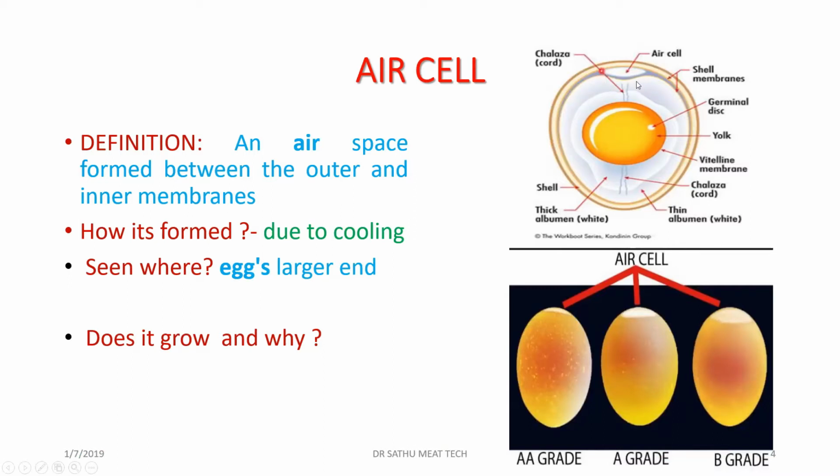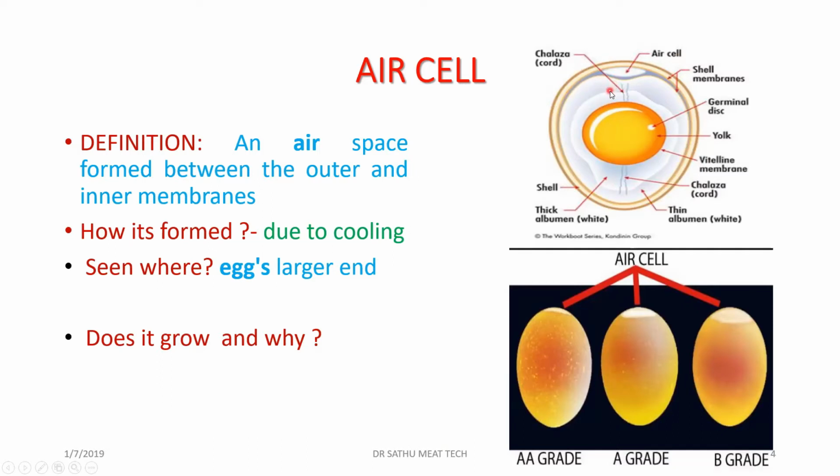So the inner shell membrane gets separated from the outer shell membrane and it forms what we call the air cell. These air cells are commonly found on the broader end. In 99% of the eggs, we'll find the air cell on the broader end.